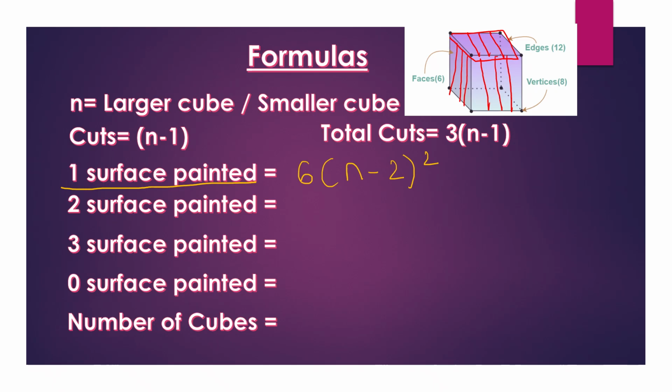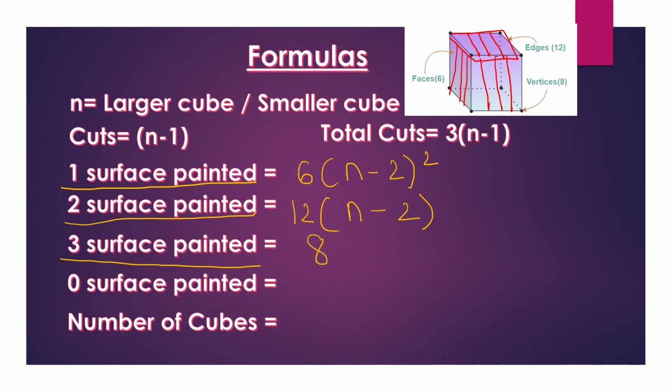If two surfaces are painted in a cube, then it is 12 into n minus 2, because 12 edges are there in a cube. This is when two surfaces are painted of a cube. Next one, when three surfaces are painted of a cube, then the answer for that will be 8.